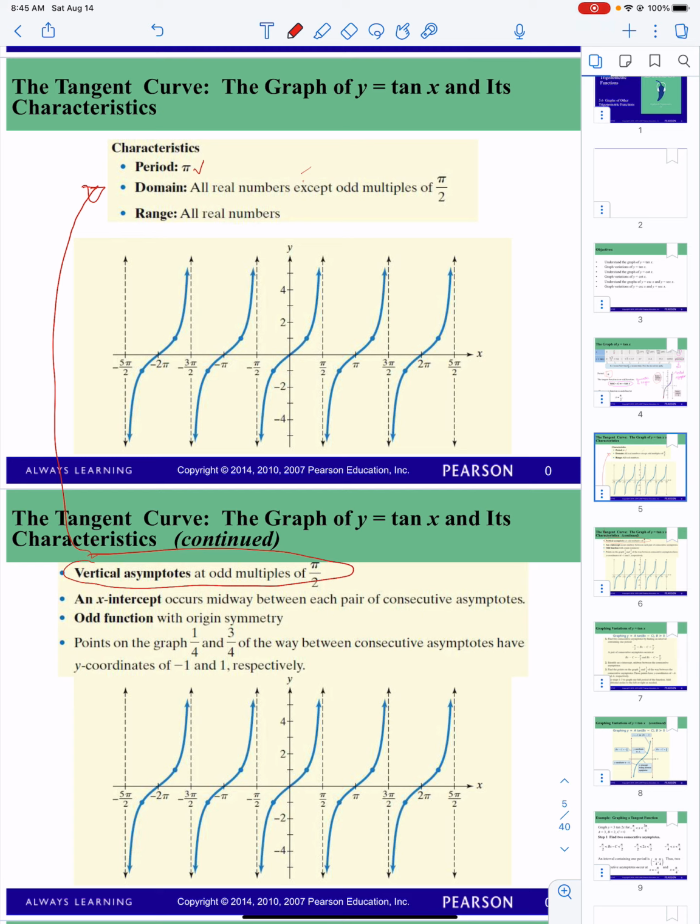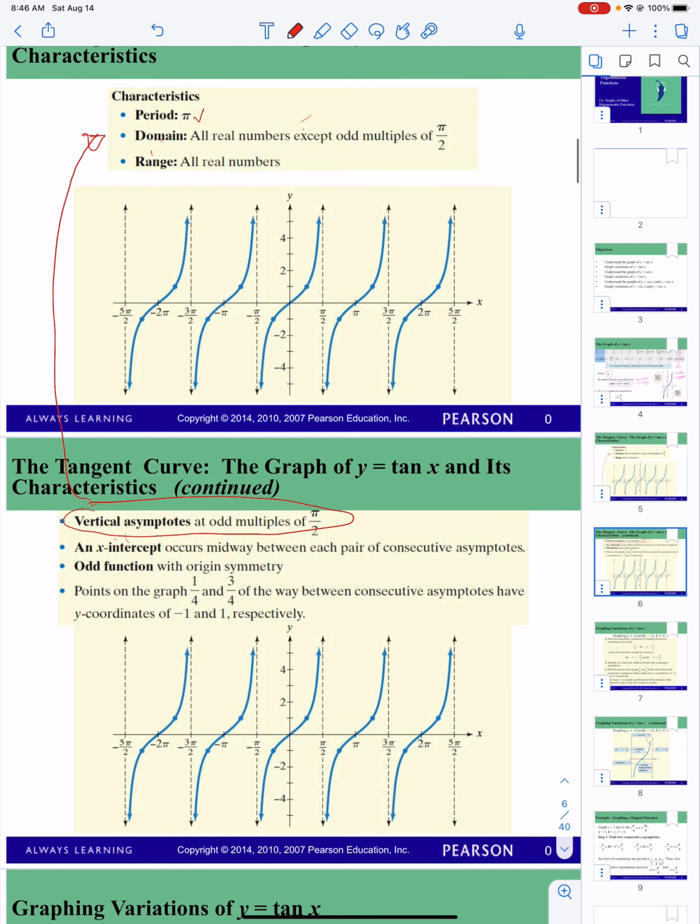Then what will be the domain? The domain will be all the values except these. So vertical asymptotes and the domain, you can always remember these two things together. It's very important. What is not in the domain? It is your vertical asymptotes. Okay.